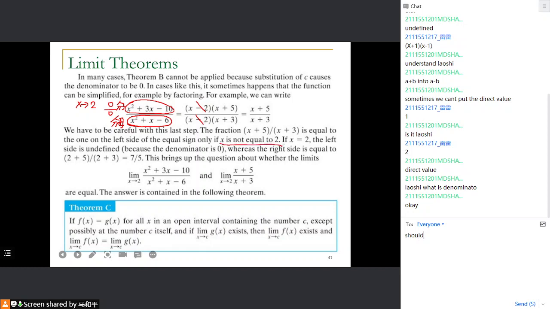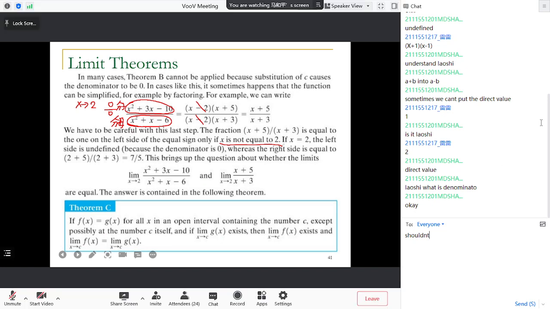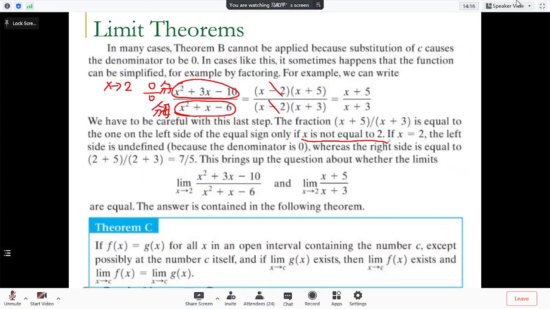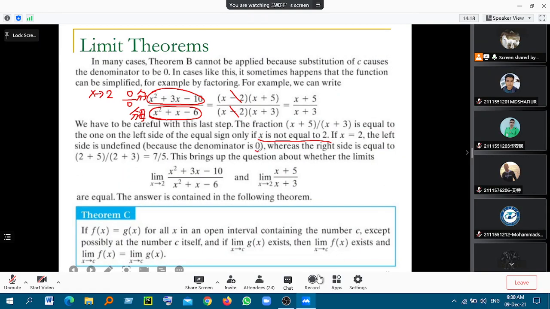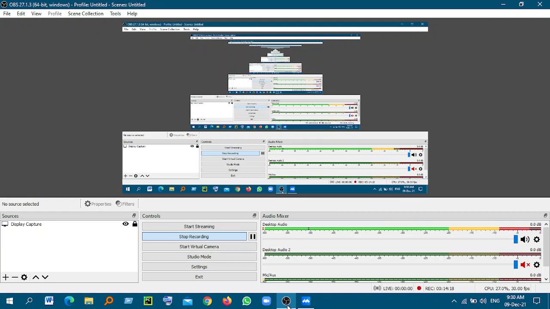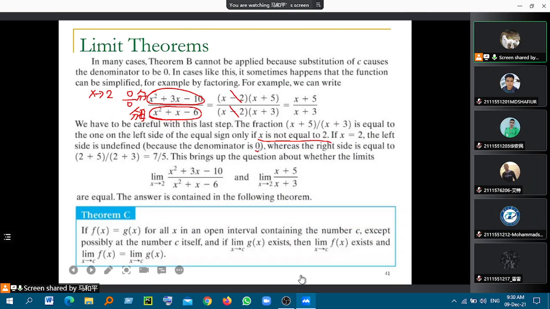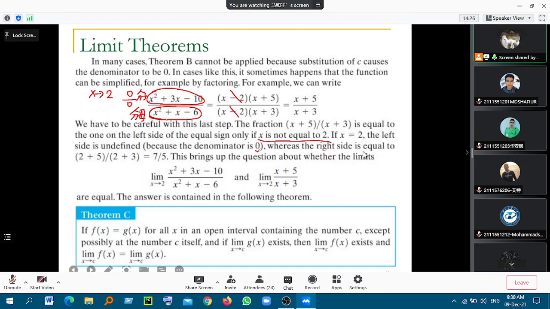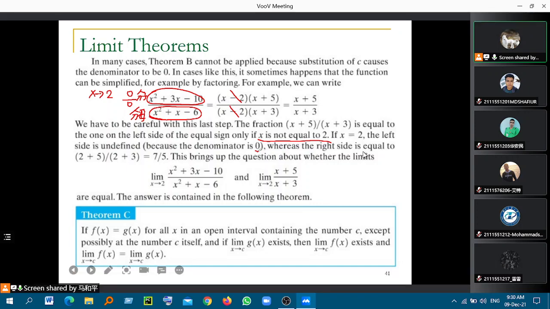If x is equal to 2, the left side is undefined, because the denominator is 0, whereas the right side is equal to 7 over 5. This brings up the question about whether the limits are equal.